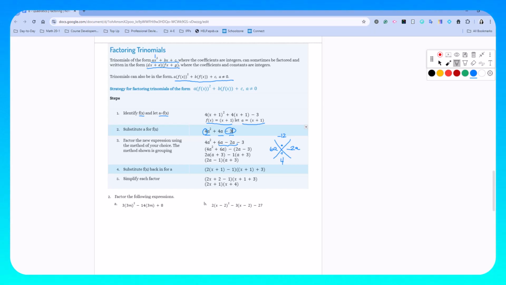Now that I have that done, I'm going to bracket off each term. Now I notice I made a mistake in my brackets. Let me fix that. So I've bracketed off the first term, 4a squared plus 6a. Now I want to bracket off the second term, but I've got that subtraction sign there. Whenever I have a subtraction sign in the middle, I'm going to put brackets here and change the middle sign, because really this is like a negative 1.